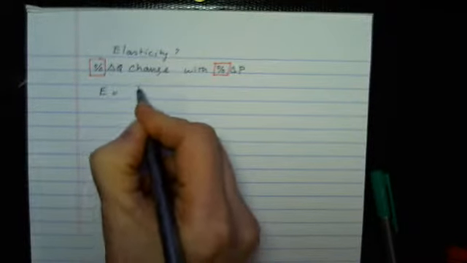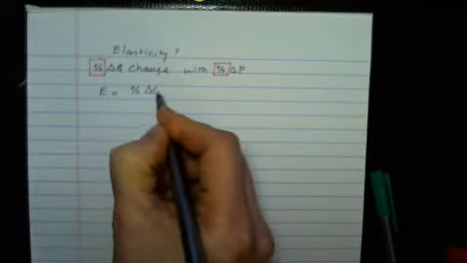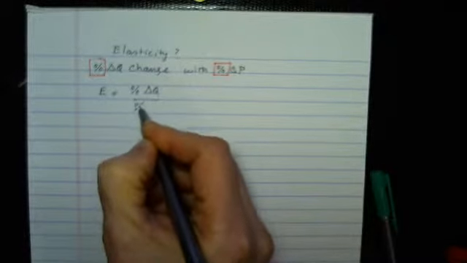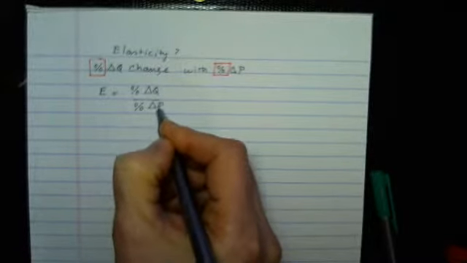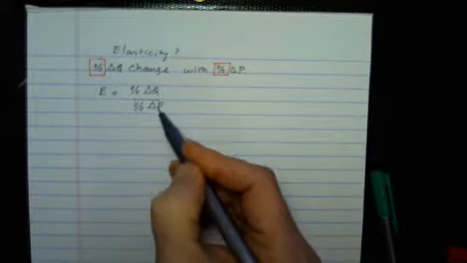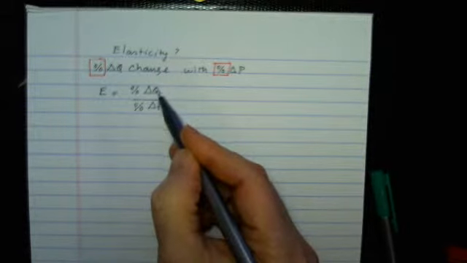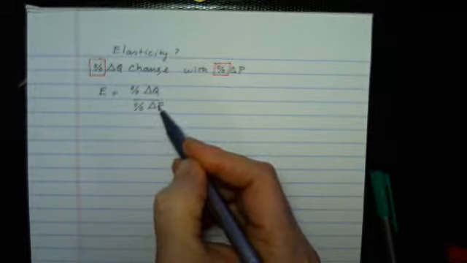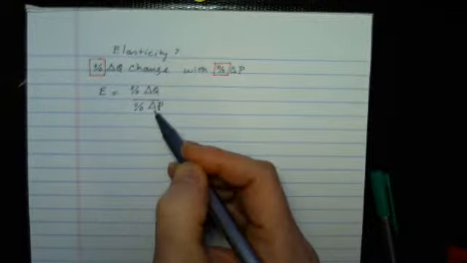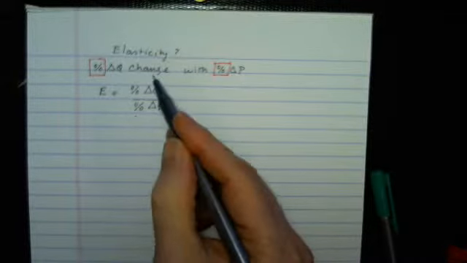So elasticity would be measured as percent change in Q when there is a change in price. In case of demand, if you increase the price, quantity will decrease. If you decrease the price, quantity will increase. So this will turn out to be a negative number.